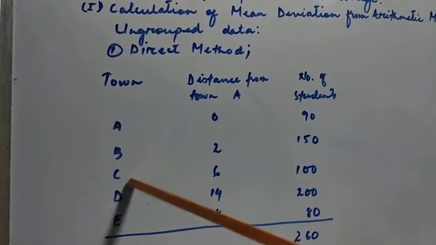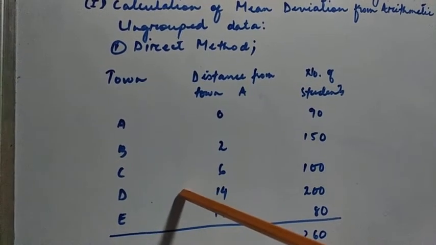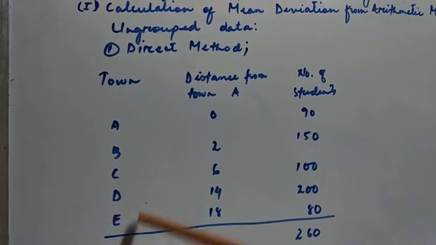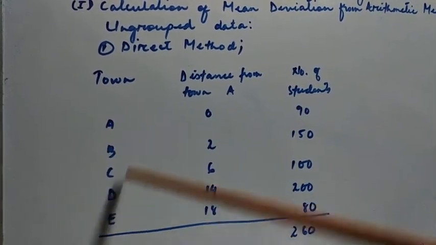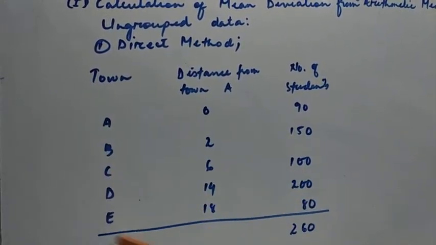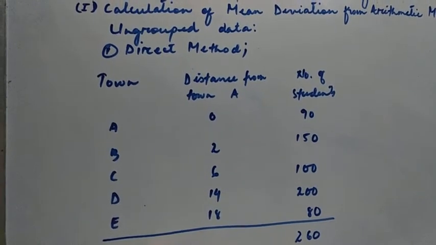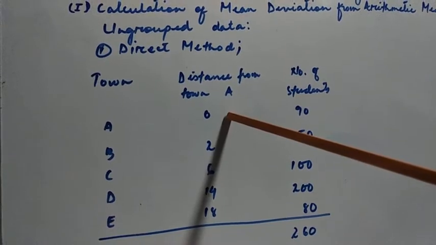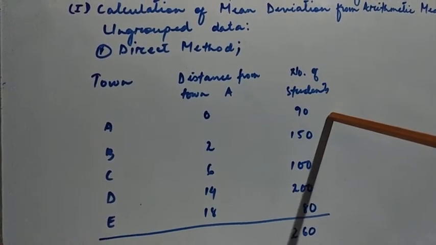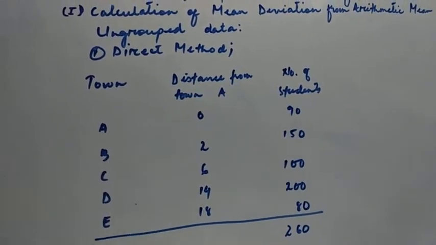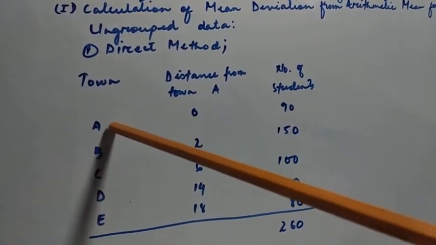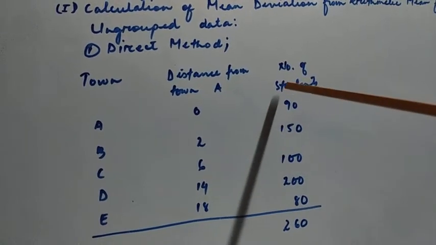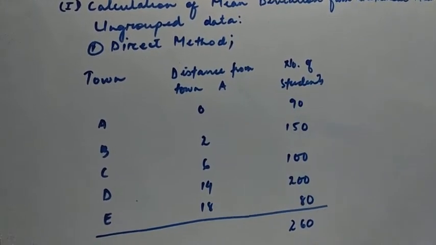The towns are A, B, C, D, E, situated near the road in this order: A, B, C, D, E. The distance from town A is given here in kilometers, and the number of students is also given here.